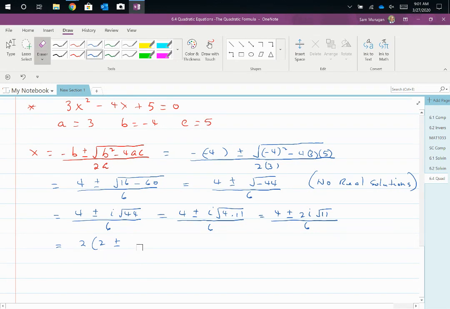Remember, this is written as a plus bi, so the i should be stuck on the end here, over 6. 2 into 6 is 3, which is 2 plus or minus √11 i over 3.